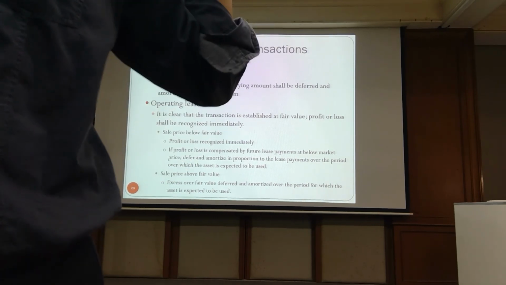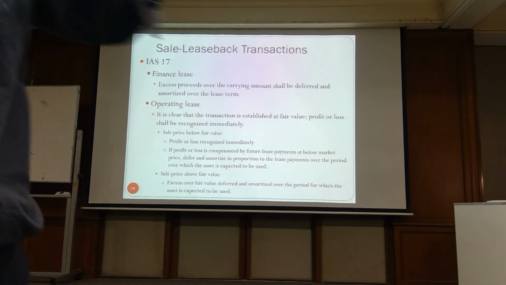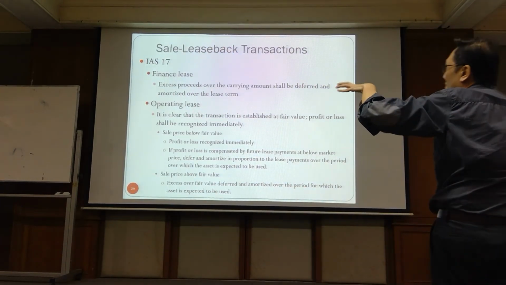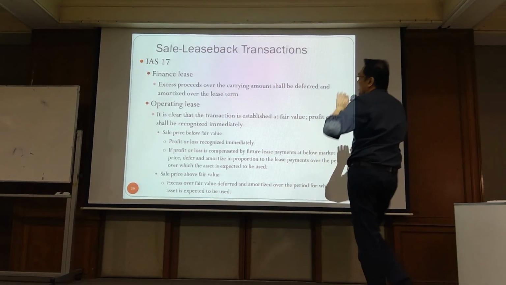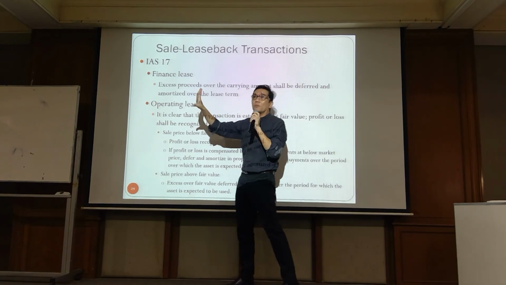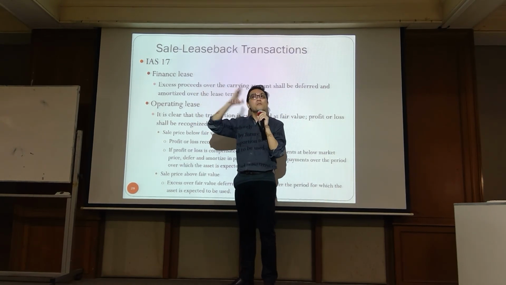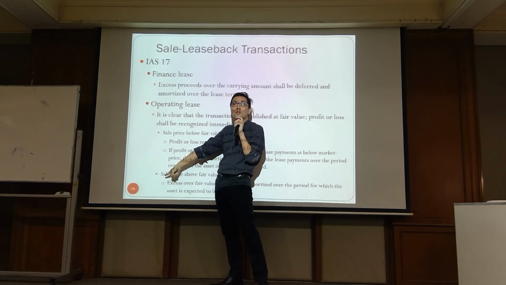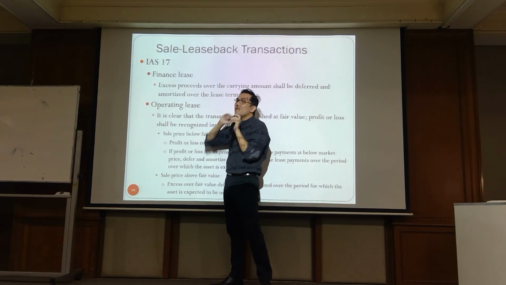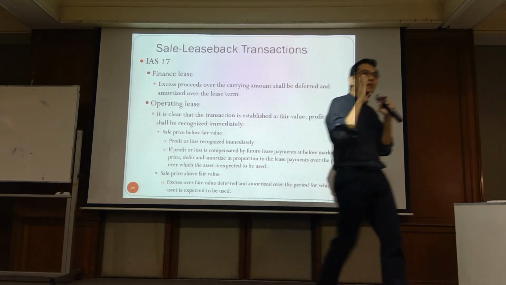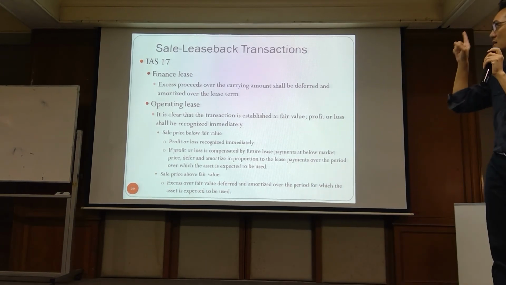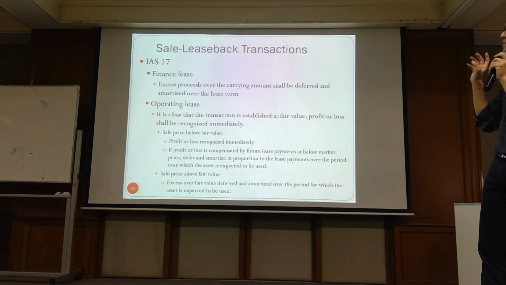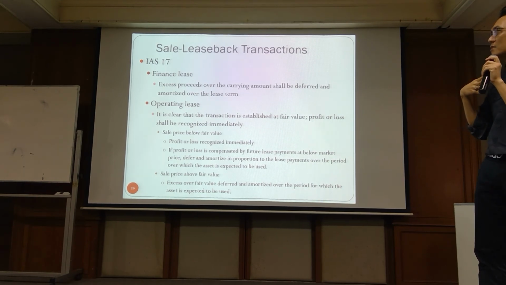All right, but before we jump to the synthetic slide, let's take a look at sale and leaseback here. If you sell, of course, it's a sale transaction, but when you lease back, accounting standard number 17, we are on slide number 29. When you lease back, we treat it as a finance lease if the excess of proceeds over the carrying amount is deferred and amortized over the lease term.